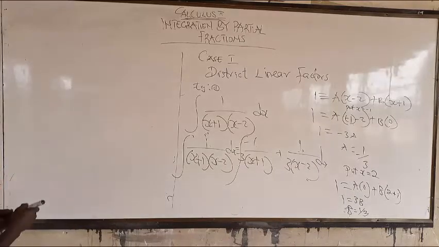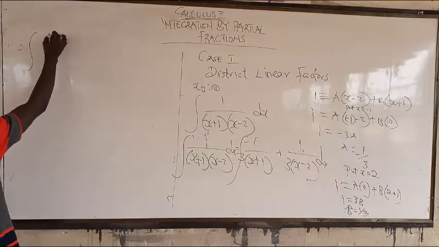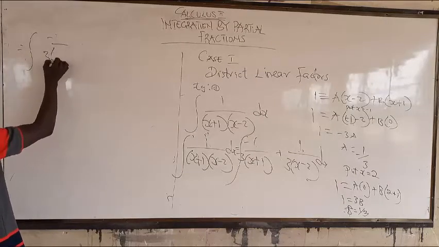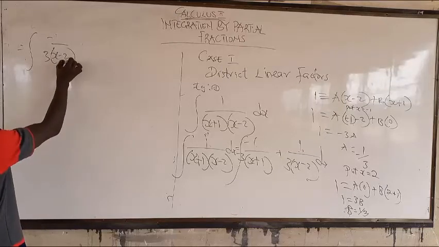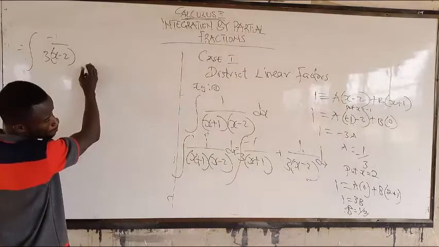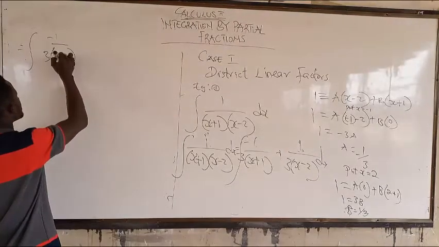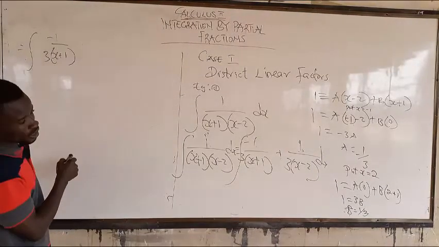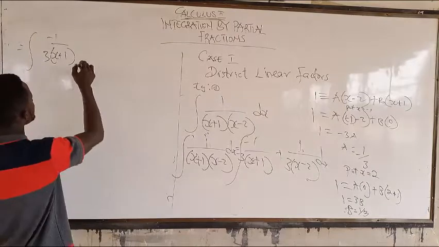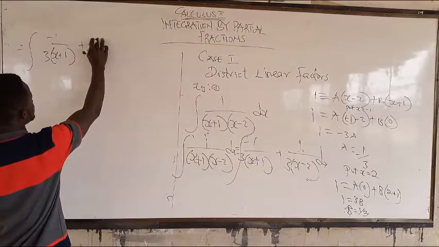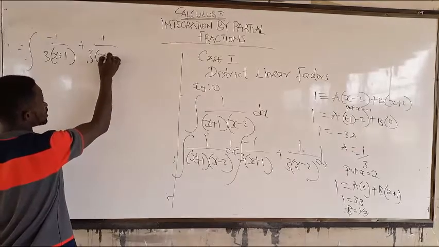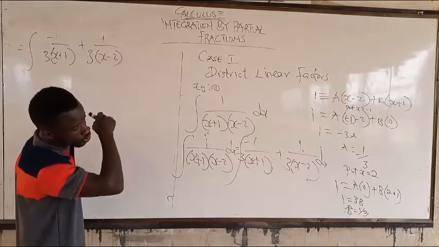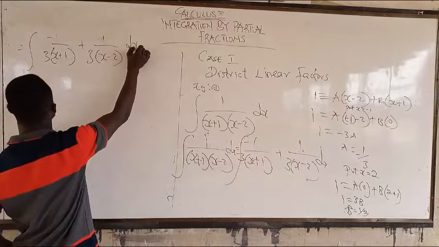So here is the same as integrating negative 1 over 3 times 1 over s plus 1, plus 1 over 3 times 1 over s minus 2, ds.